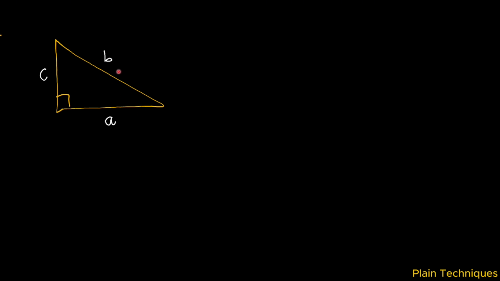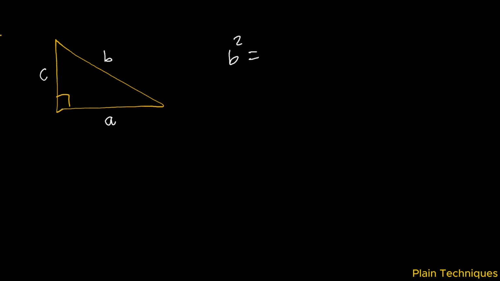Now, from that, how would you apply Pythagoras theorem? Remember, the longest side opposite to your 90 degrees is now called hypotenuse. So you take the hypotenuse side, which is b, and you put squared.